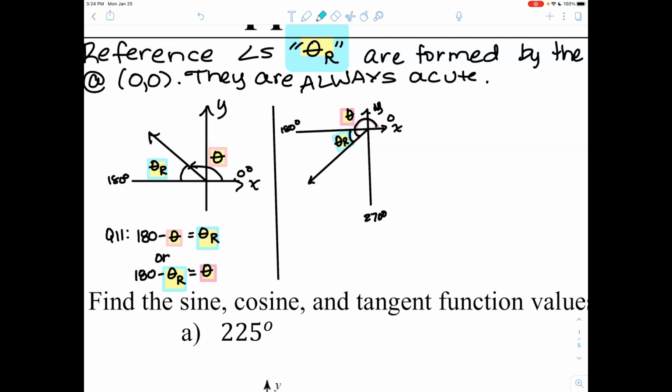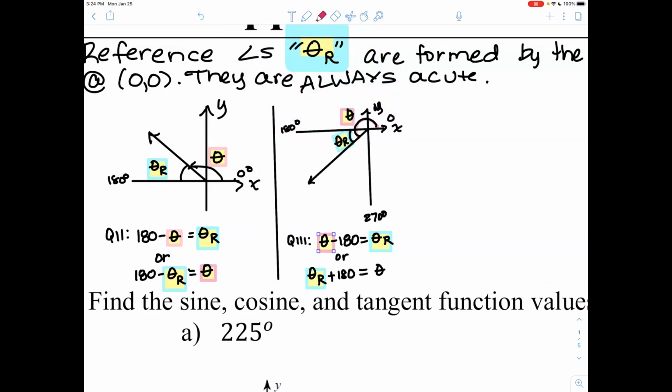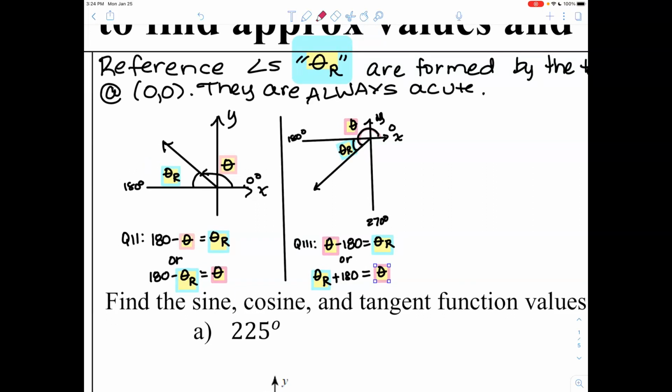Okay, and so in quadrant 3, if you do theta minus 180, it will give you theta's reference angle. Or if you have theta reference, if you know what it is, and you add 180, it will give you the measure for angle theta. So I'm just going to go back and highlight those. Okay, so those are useful pieces of information for quadrant 3.